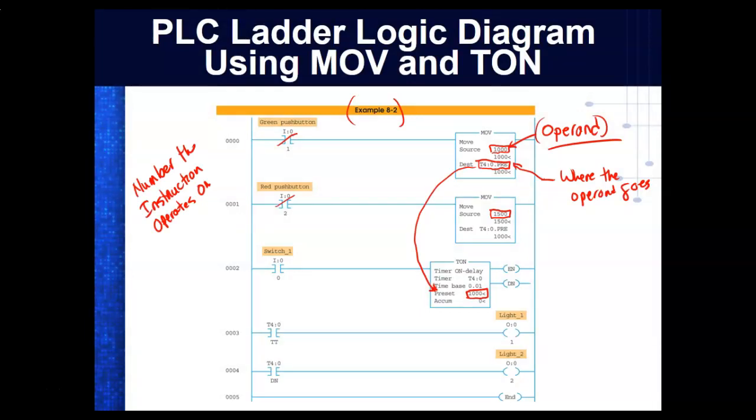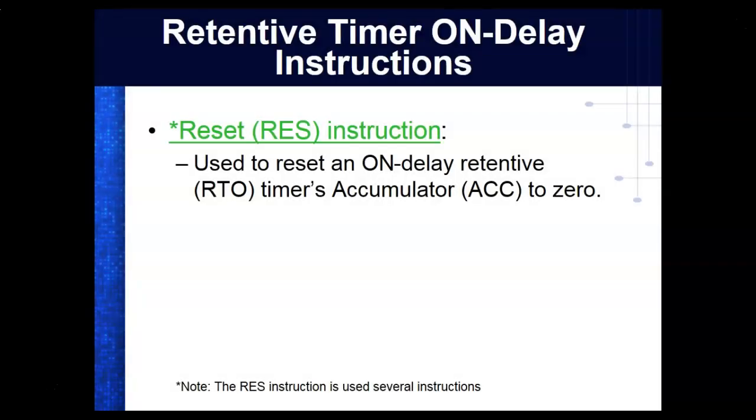On on delay, it runs through on off delay. A retentive timer, we have to reset it with a reset instruction, and we're going to use the reset instruction more than once.